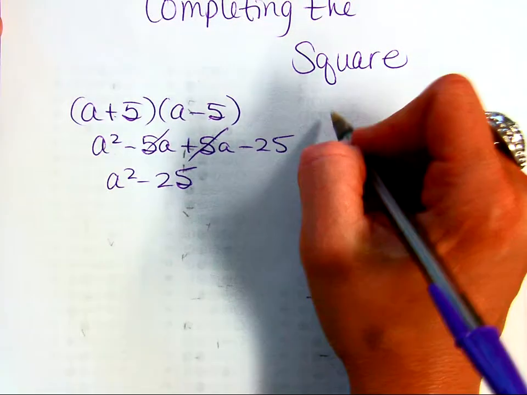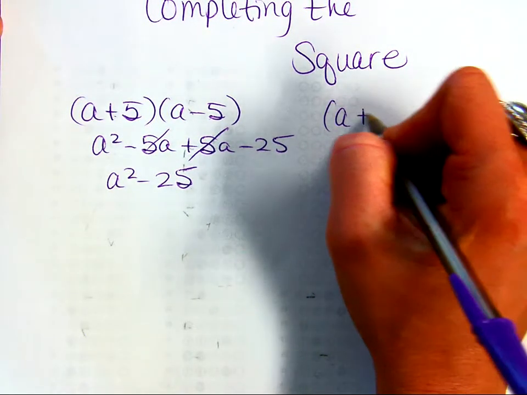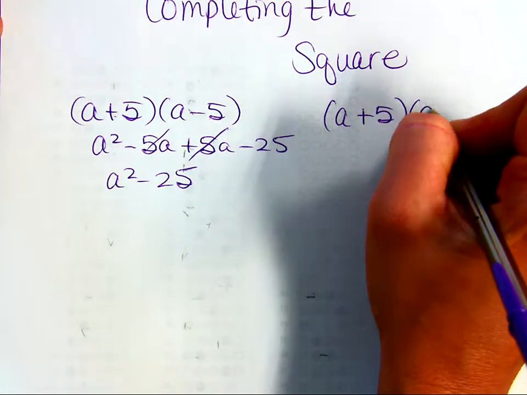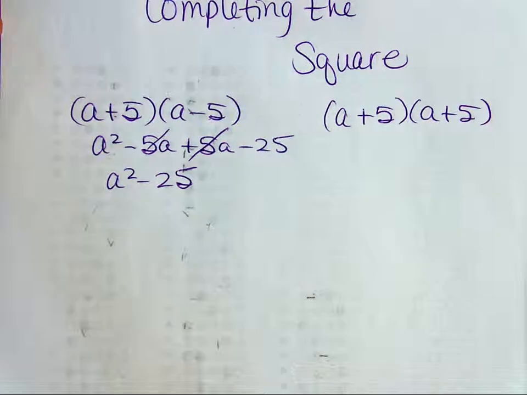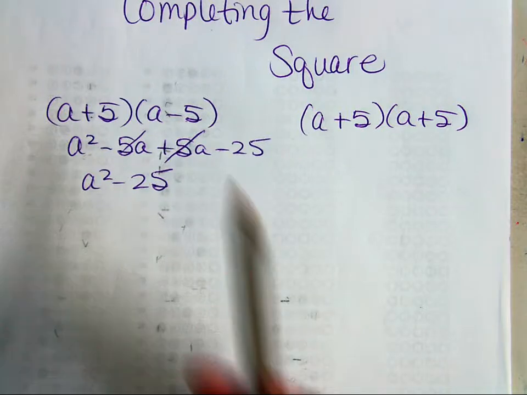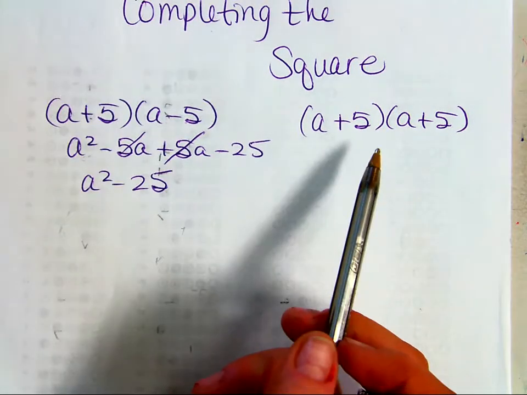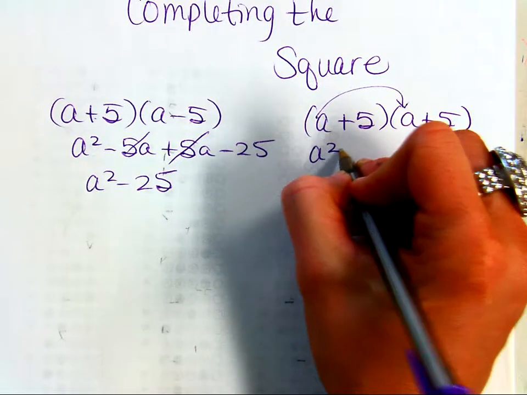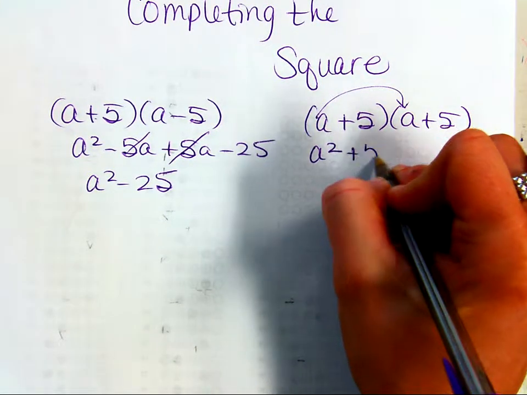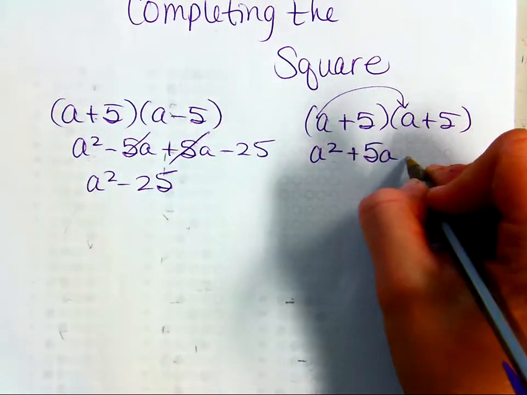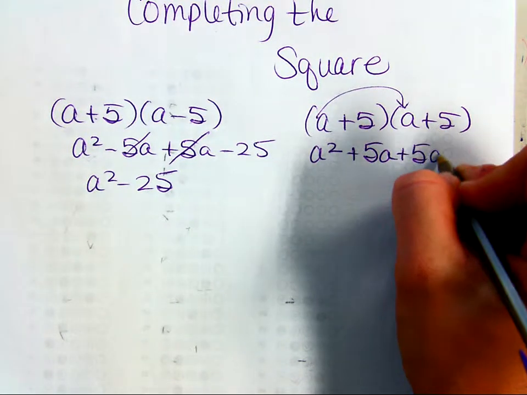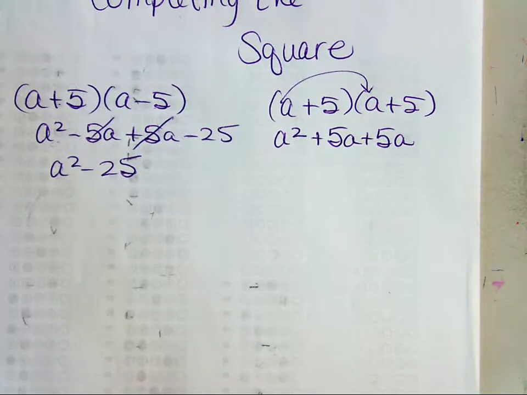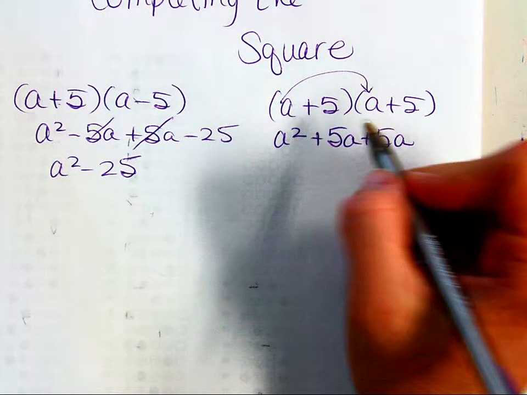Then I gave you the other one where I said, okay, not a plus 5, a minus 5, but a plus 5 times a plus 5. And just like there was a shortcut for this one, there was a shortcut for this one. Let's see what that shortcut was. It was a squared plus 5a, and then plus another 5a, so that they didn't cancel. Remember, they doubled.